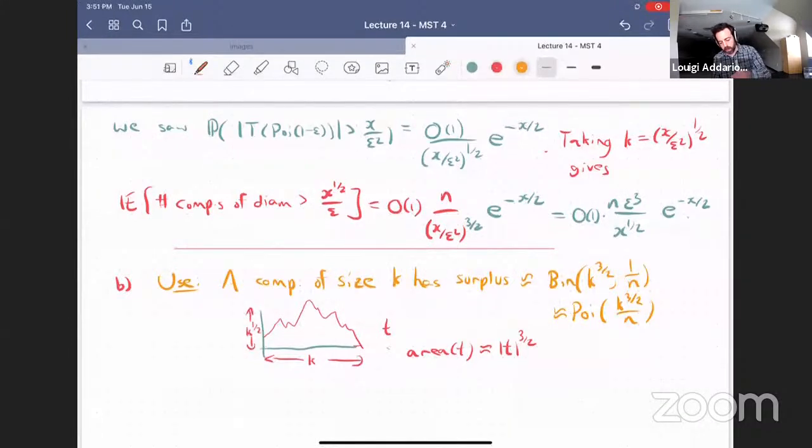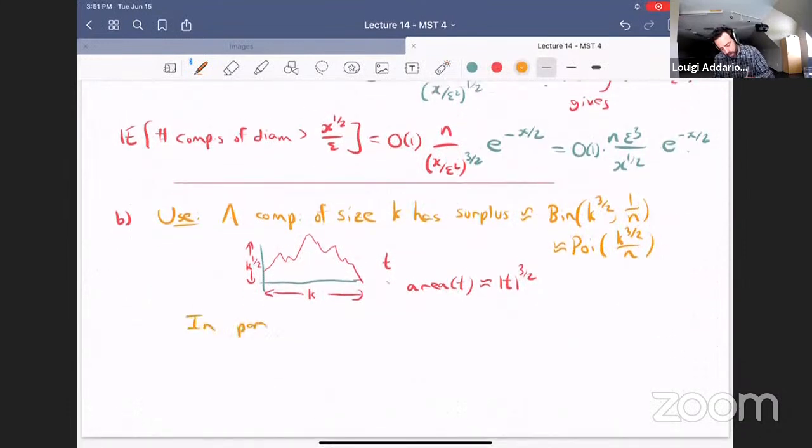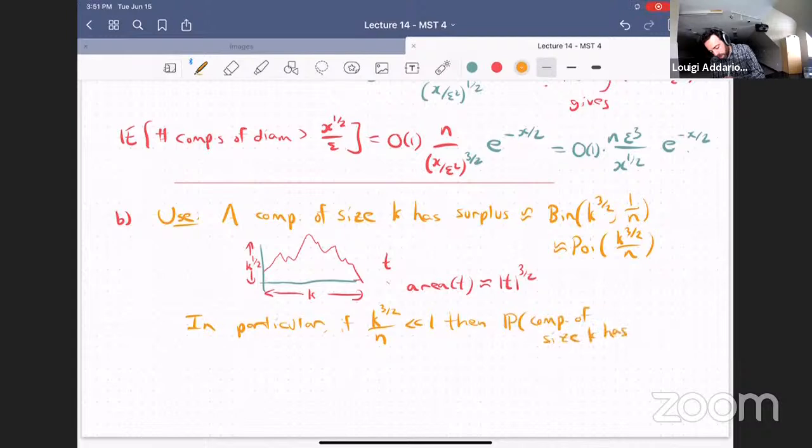In particular, if k to the 3/2 over n is much smaller than 1, then the probability that a component of size k has surplus at least 2 is roughly like the probability that a Poisson k to the 3/2 on n is at least 2.